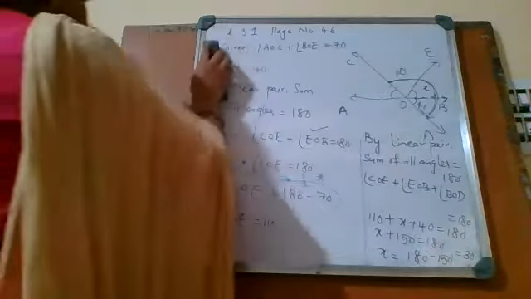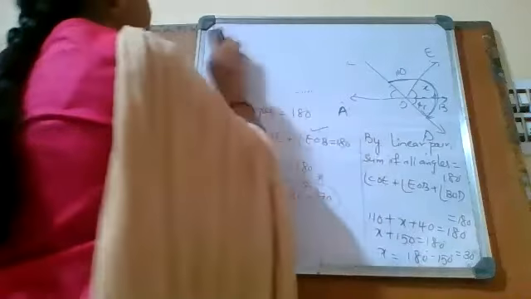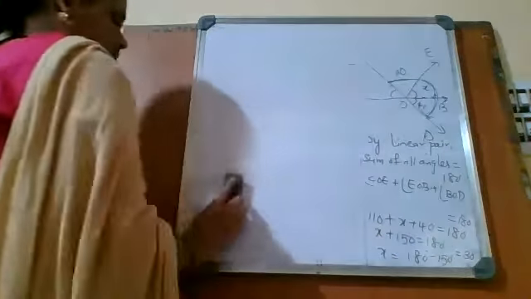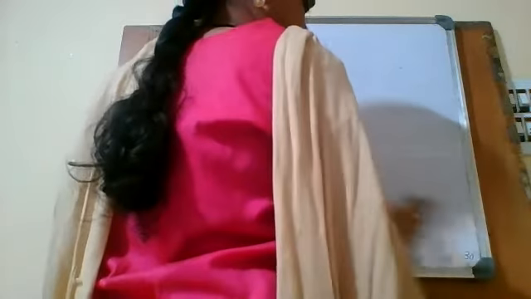Read question number 2. In the figure, lines XY and MN are intersecting at O. For every problem, you should draw the figure with pencil.